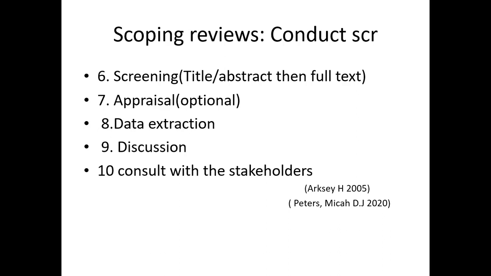Because your role is just to do the mapping, like on knowledge or the definition throughout the time. So if you put some appraisal there, maybe it's going to reduce other evidence. So appraisal is optional. Some say don't even do it. So data extraction should be done, discussion, then you consult with the stakeholders.